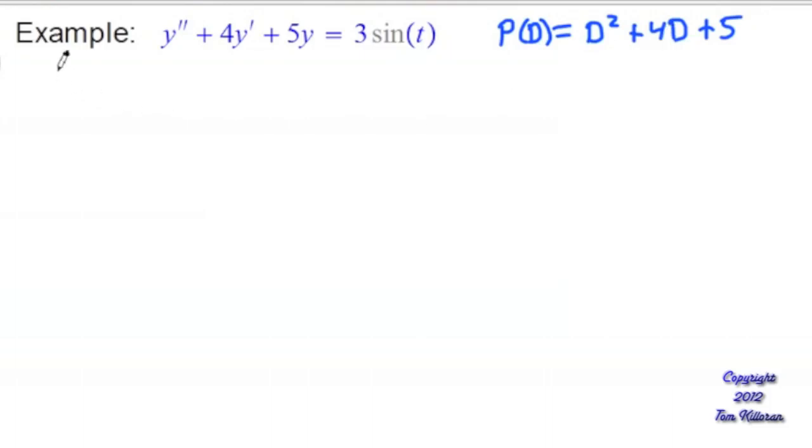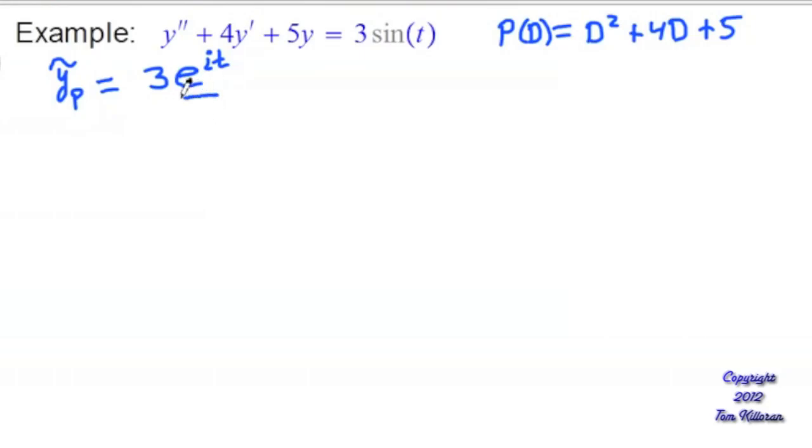And we're going to set up our y_p. And if you want, we can jump right into the complex portion of it. So if we do y_p, this is going to equal 3 times e^(it). I could rewrite this as cosine of t plus i sine of t. And then the complex part is the portion of this that I'm looking for.